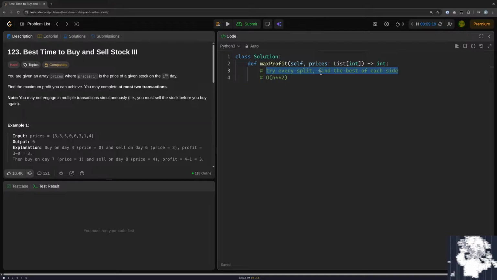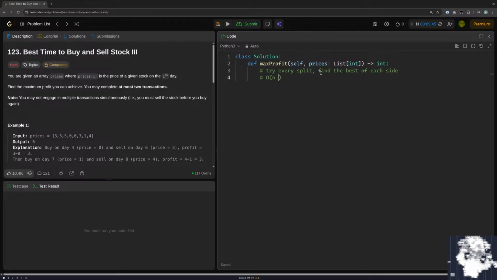Well, sorry, would it do that? There's n ways to split it, and then for each split you have to do an O(n) traversal through it to find the best.